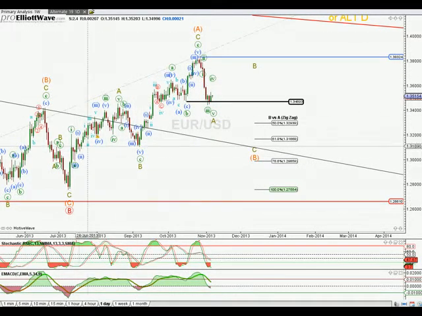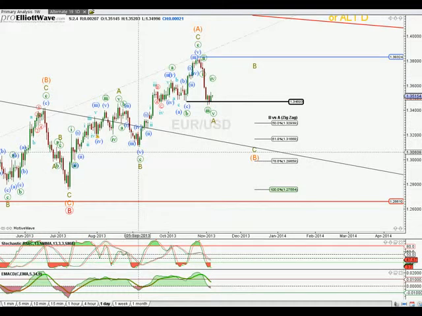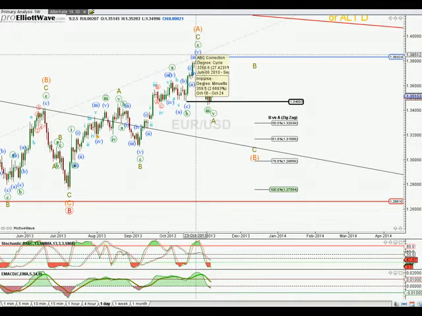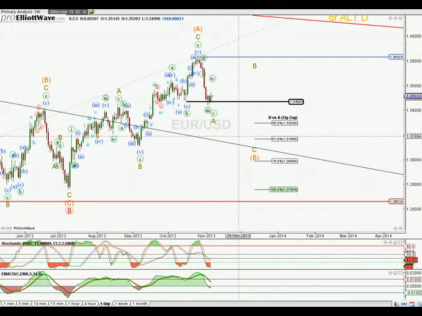Now this could completely change, and instead of an ABC pattern, you might see an ending diagonal pattern where this would come in, and that could make a lot of sense because you already have an ABC here. So ending diagonals usually form with a corrective wave, a 3-wave inside of them.